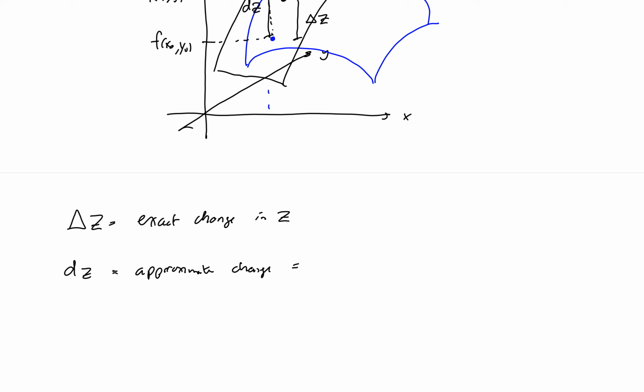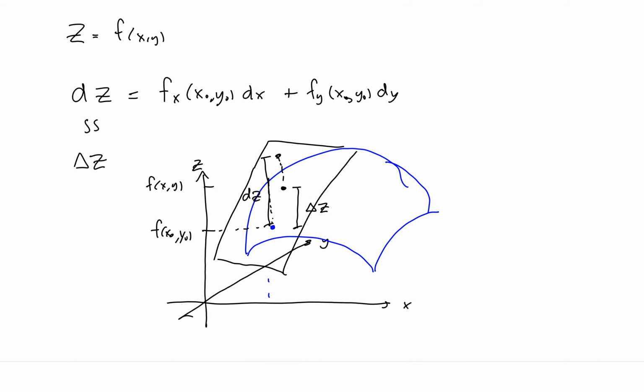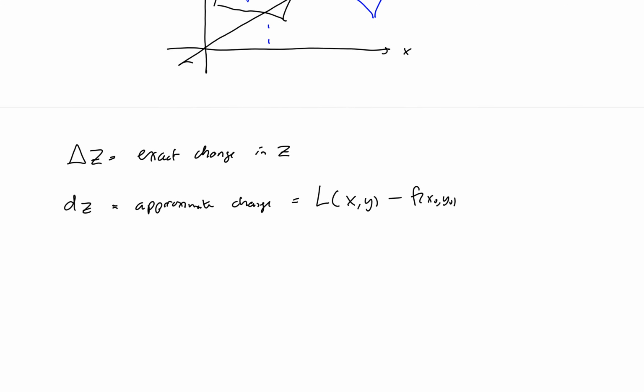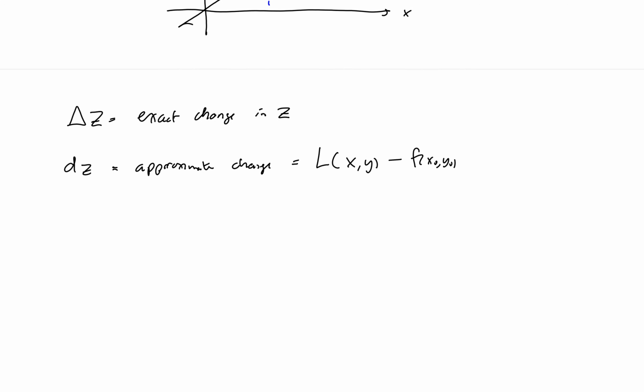And so this ends up being L of x, y minus f of x0, y0. And that's how we get this formula up here for the differential. So let's look at an example for this.